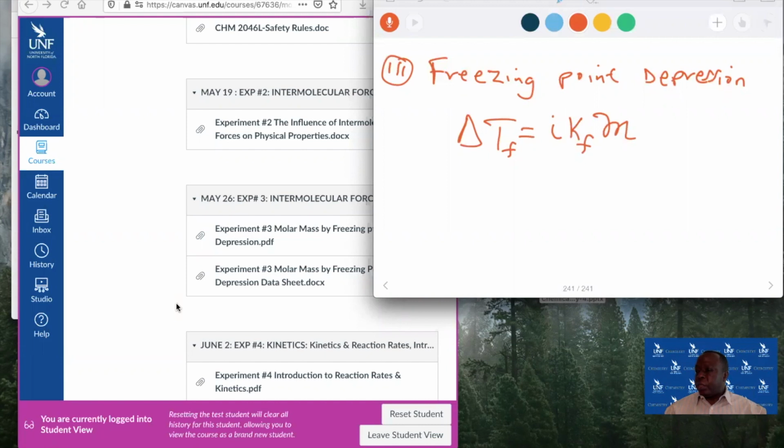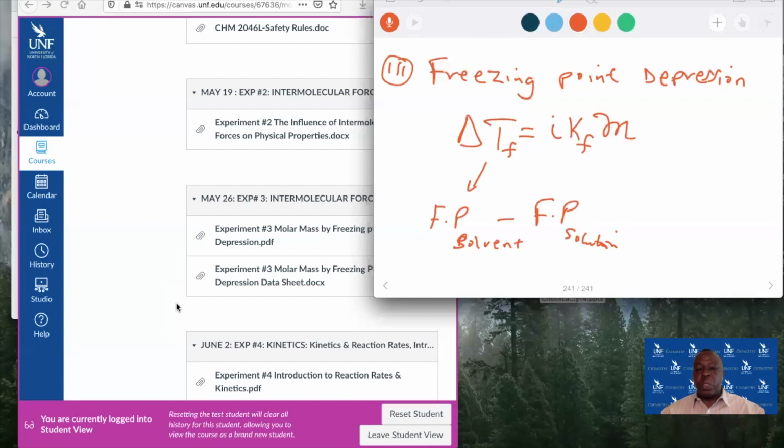Change in freezing point, all right, this is the freezing point of the pure solvent, let's say the solvent here, minus the freezing point of the solution, because the solution is always lower than the pure solvent, to get the change in freezing point.